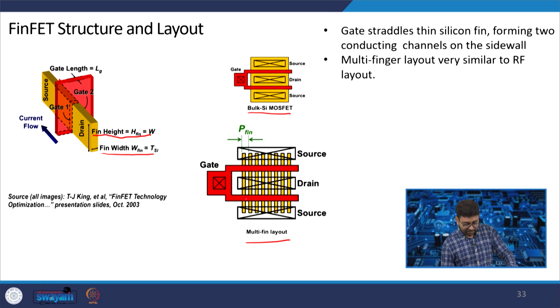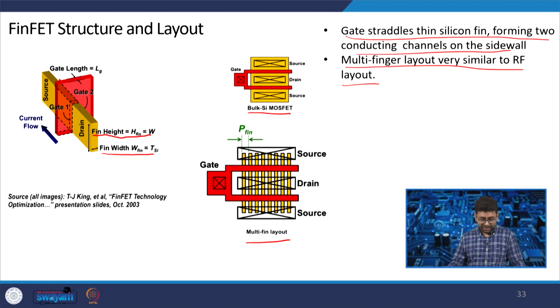So, there are many fins you can make, the way we can do the fingering in the bulk silicon MOSFET also. Here the gate straddles the thin silicon fin, forming 2 conducting channels on the side wall. There are 2 conducting channels, and the multi-finger layout is very similar to the RF layout which we generally use in a bulk silicon MOSFET. You can go to the reference for more detail.